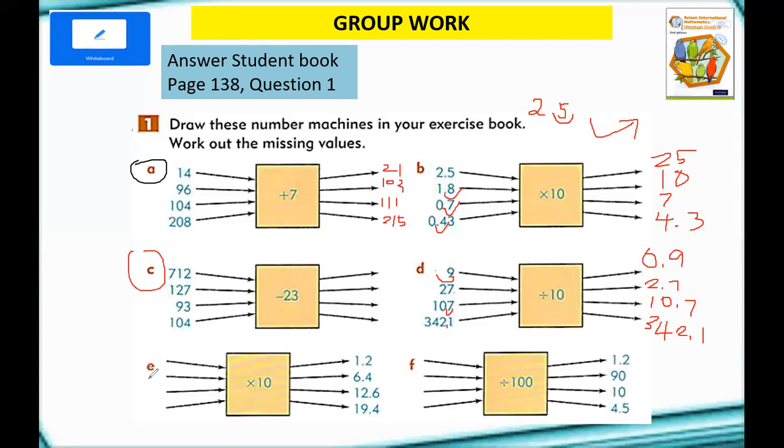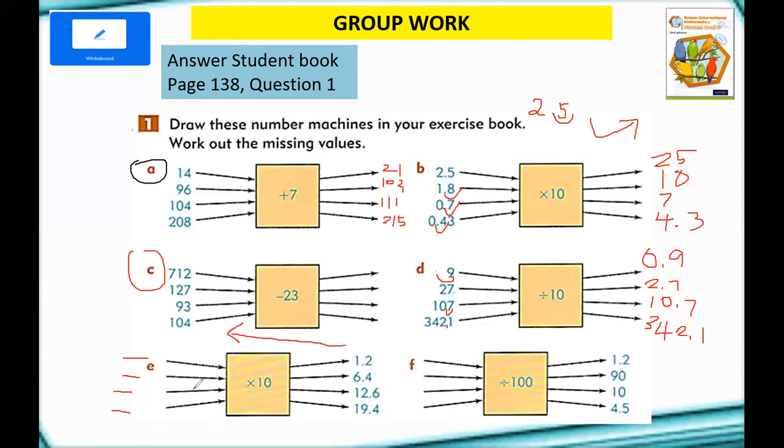Now here in letter E, we don't have the input. So that means the first number is missing. So a number multiplied by 10 will give us 1.2. So you are going to go back the opposite.